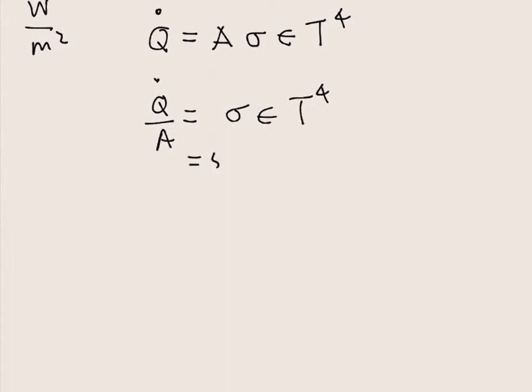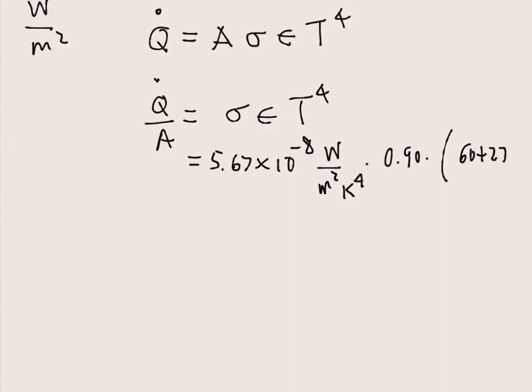So we just have a straightforward plug-and-chug. The Stefan-Boltzmann constant being 5.67 times 10 to the minus 8 watts per meter squared Kelvin to the 4th, times 0.90, times the absolute temperature, which is 60 plus 273 Kelvin to the 4th power.